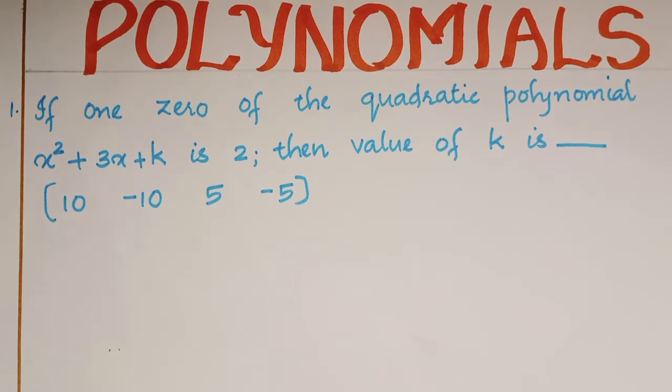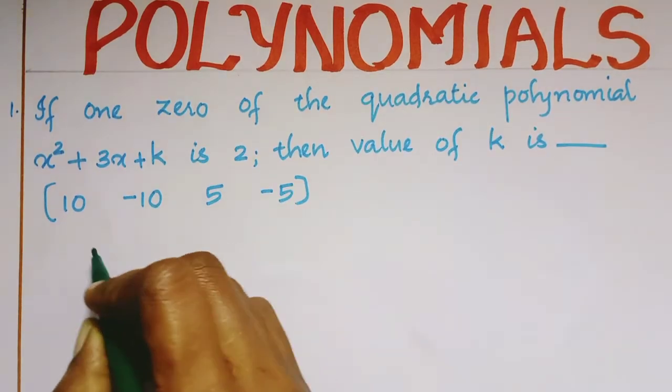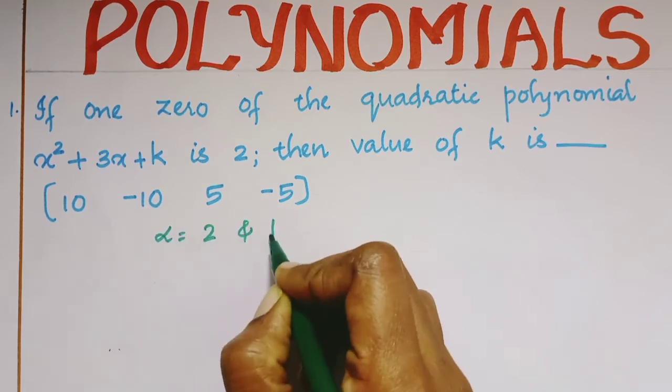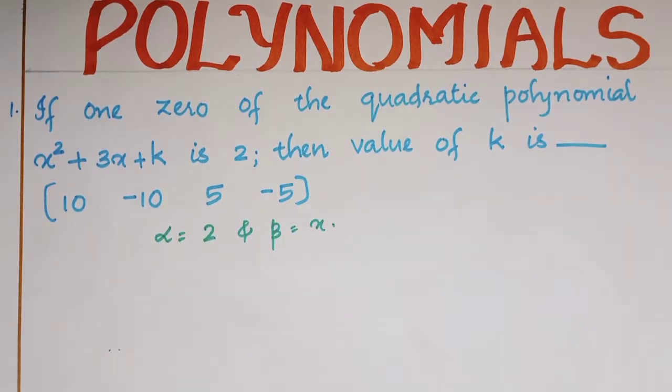We know that if alpha and beta are the zeros of the polynomial, then alpha plus beta is equal to minus b by a and alpha beta is c by a. Here, let us consider alpha equal to 2 and beta equal to x.